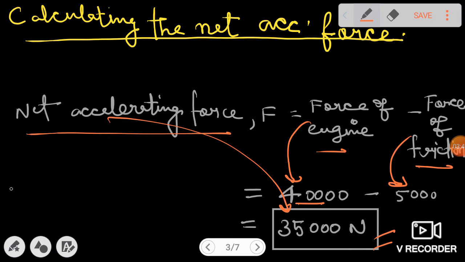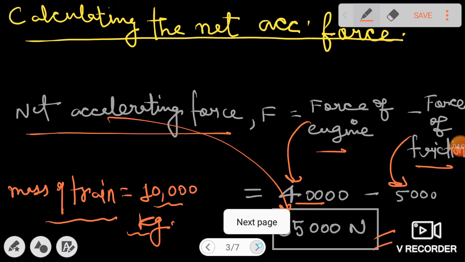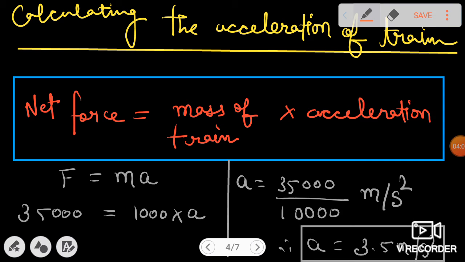So here we can see that the mass of the train is 10,000 kg. Now, finding the acceleration of the train, as we know, the net force is equal to mass of train into acceleration.